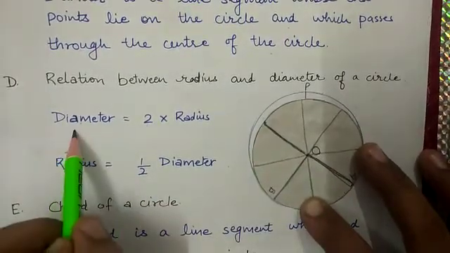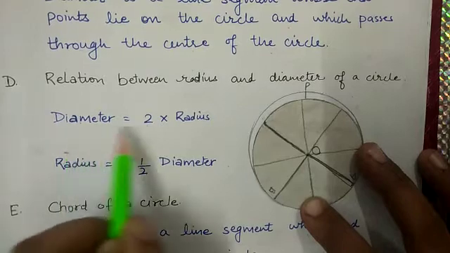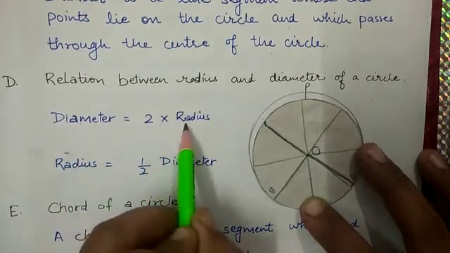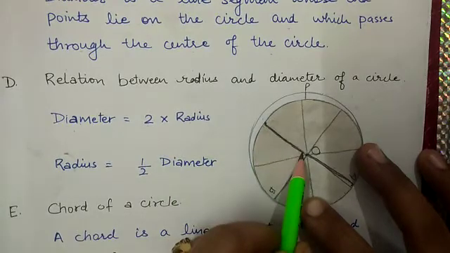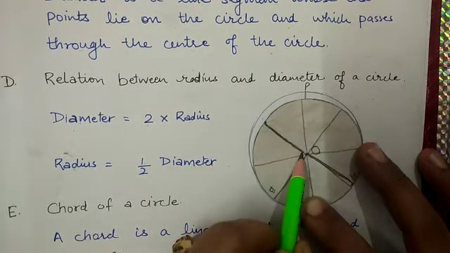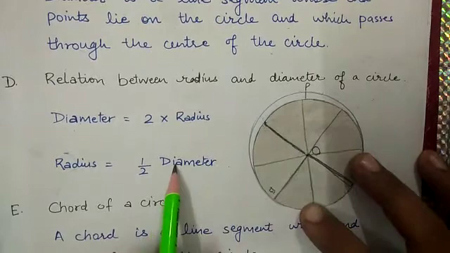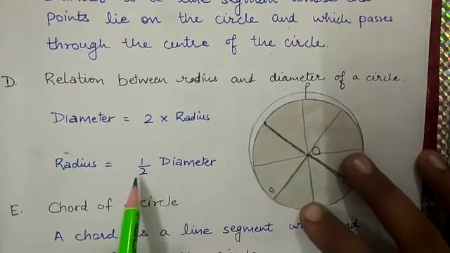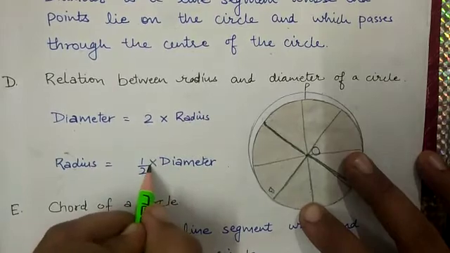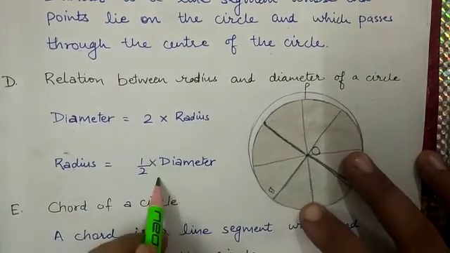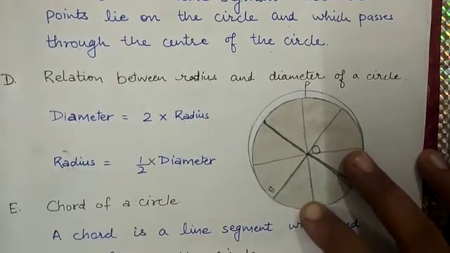What do we conclude from here? Diameter is equal to 2 times radius. Similarly, if the diameter is given and I want to get the radius, just take half of the diameter. That is, we can say half into diameter is equal to the radius.